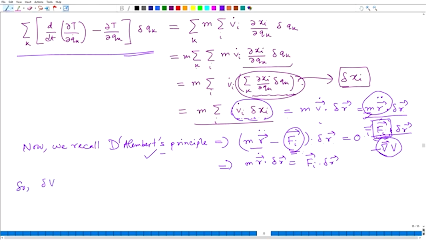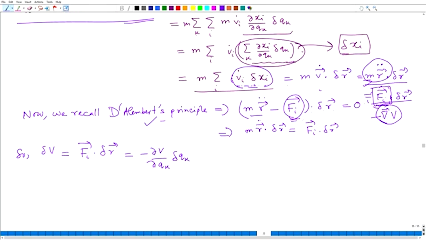If I write that, actually you can show that delta v will be actually equal to this f i dot delta r, and will be equal to minus del v del q k times delta q k.